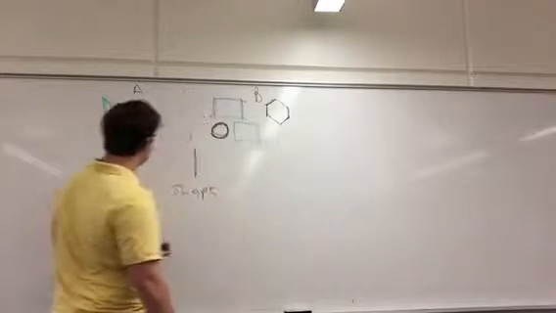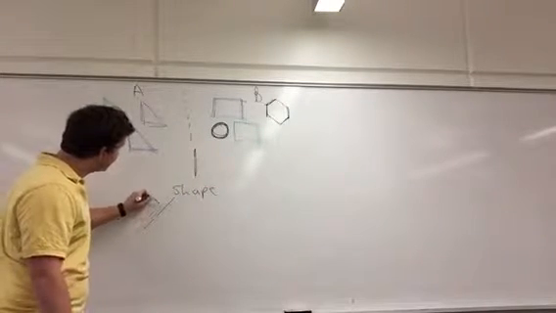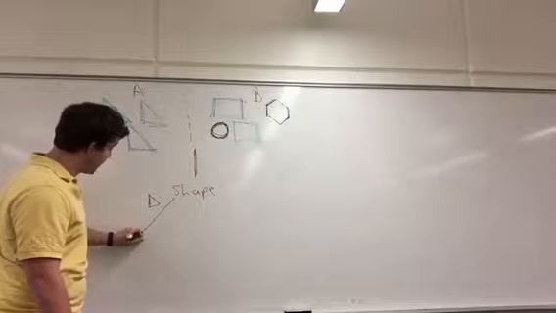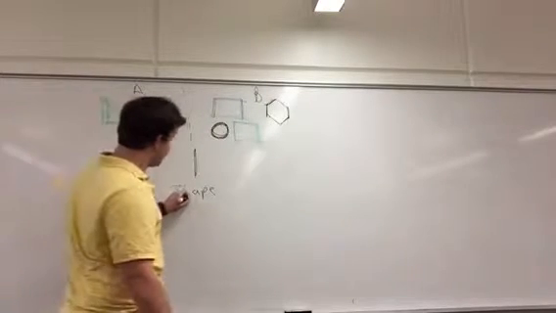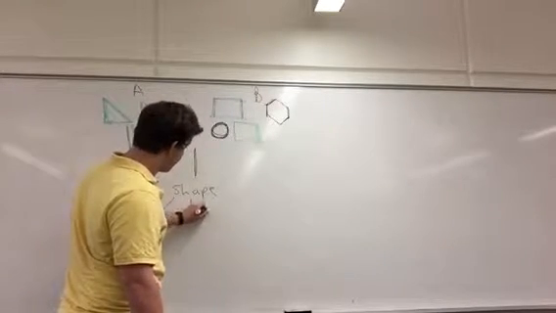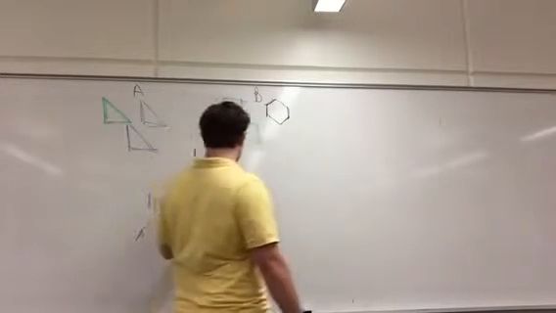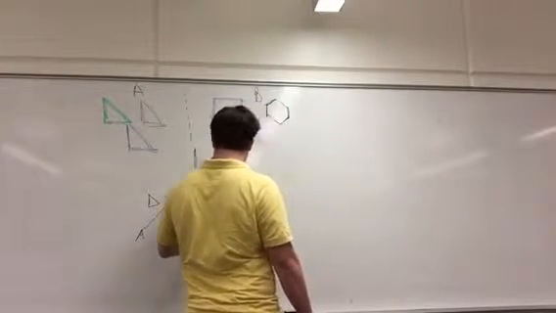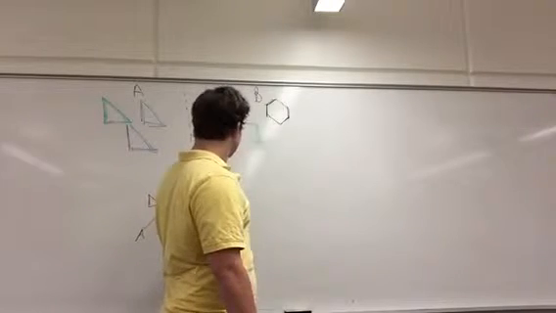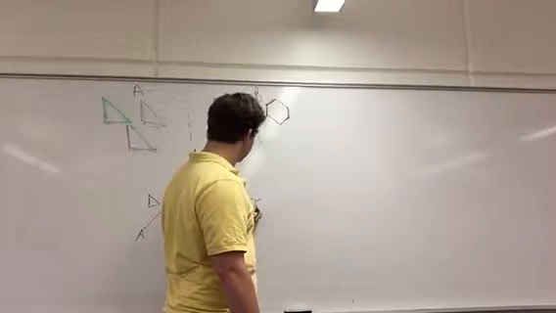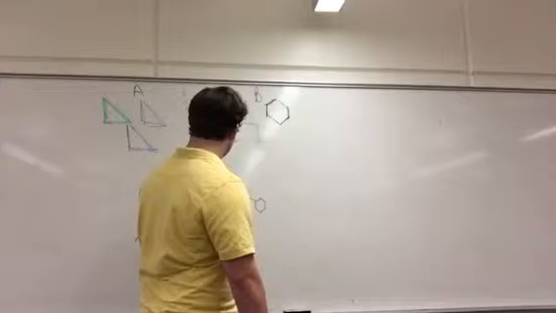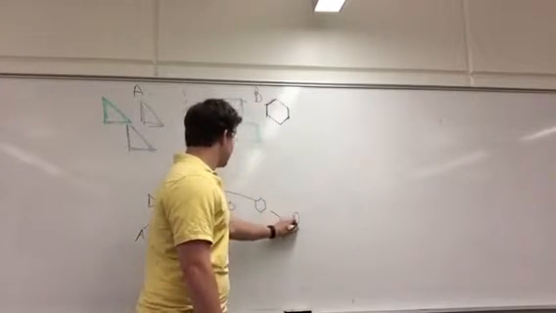So we'll go with shape again. So if it's a triangle, we know it's supposed to be in group A. And if it's a square, circle, or pentagon, then they would be group B's.